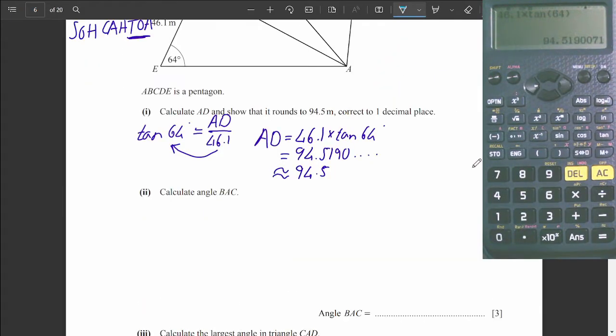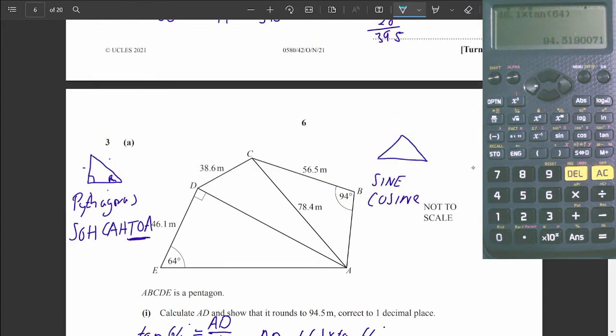Question b, part 2. Calculate angle BAC. Let's go and mark it. There it is, BAC. So it's this angle over here that we want to know. It's not a right angle, so we can't use Pythagoras, we can't use SOHCAHTOA. It's a triangle where we're going to have to use the sine or the cosine rule.